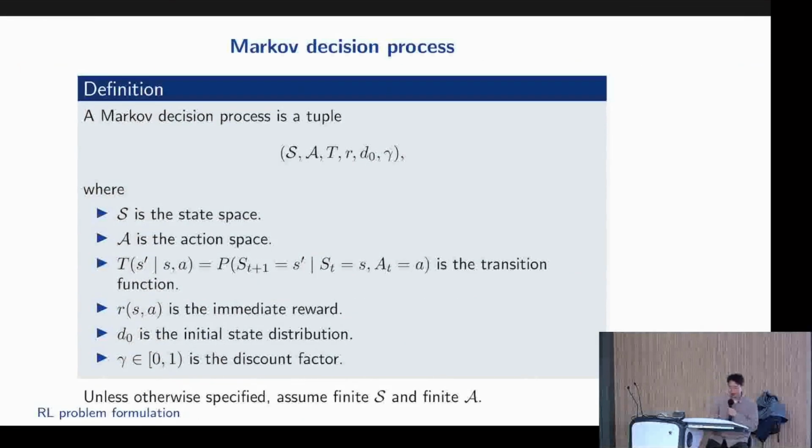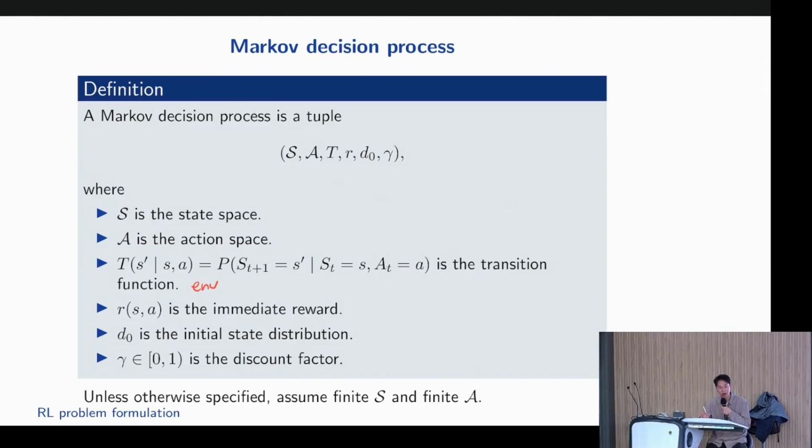Okay, so what's an MDP? We're going to hear this word a lot. An MDP is basically a tuple of all these: S is the state space, A is the action space, T is the transition function given by the environment, R is the immediate reward function, and D0 is the initial state distribution.